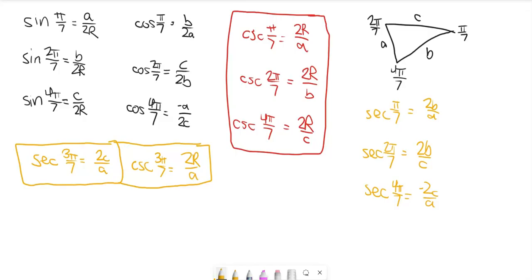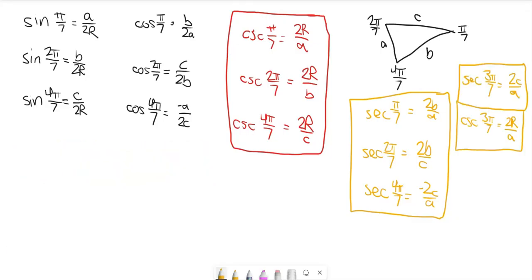So that is why the cosecant of 3 pi over 7 is equal to 2r over a, just like the cosecant of 4 pi over 7. That establishes the ratios for cosecant and secant.